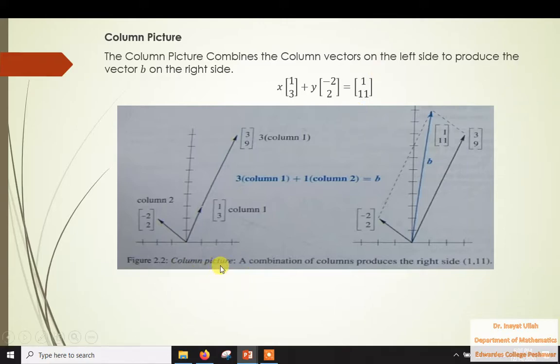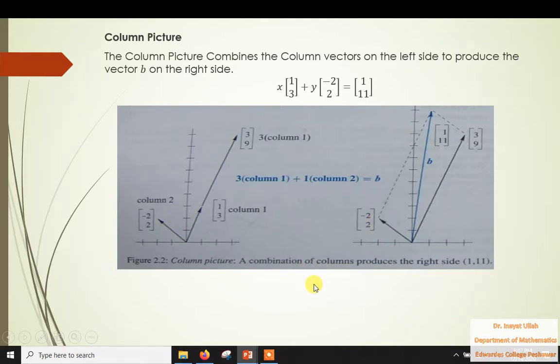The column picture of two linear equations is that a combination of columns produces the right side (1, 11). That is the column picture. The column picture deals with vectors, and row pictures deal with lines, planes, and so on.